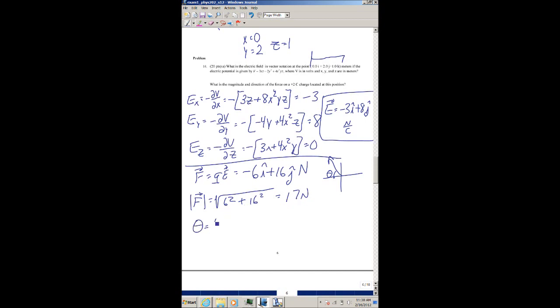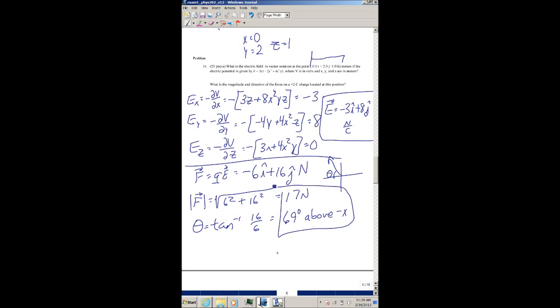And then to find the angle, the inverse tan of 16 over 6, which is 69 degrees. That's above the negative x-axis. You could also express it as 111 from the positive x. Just do 180 minus 69.